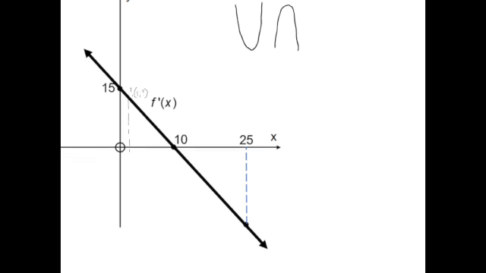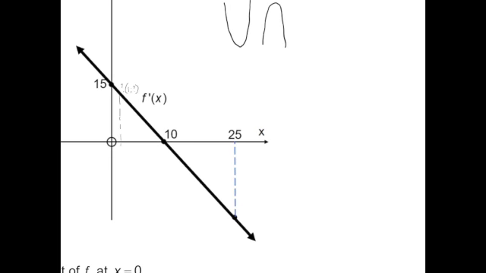And now let's just zoom out a little so that we can calculate what the formula is. And I'm going to start with a gradient where we go change in y, so started at 15 and went to 0, over change in x, 0 minus 10, so that's going to give us a gradient of negative 3 over 2.